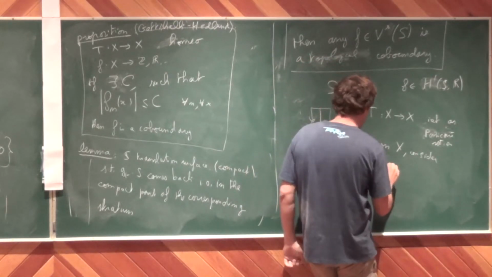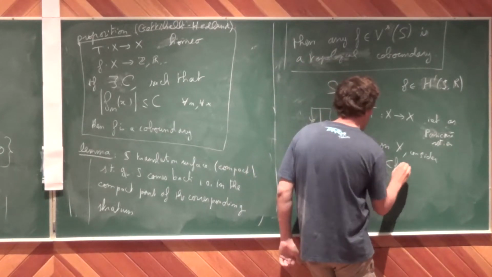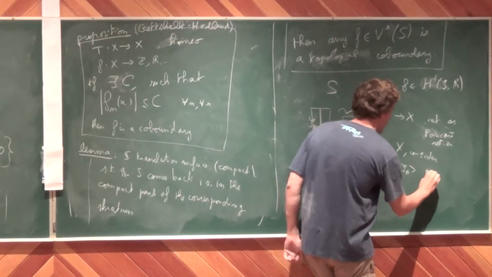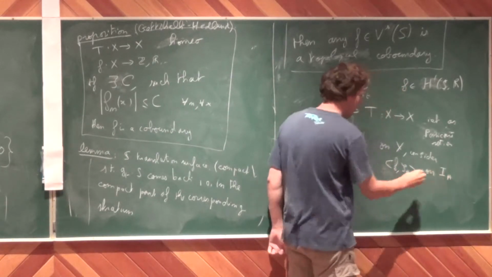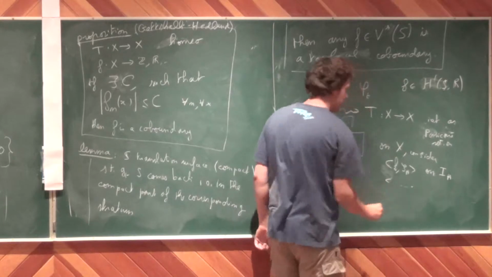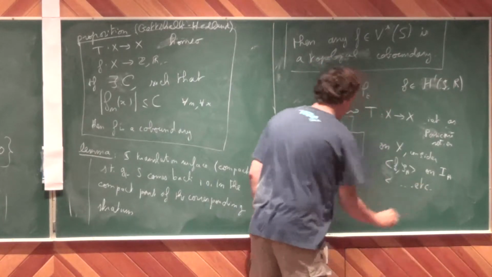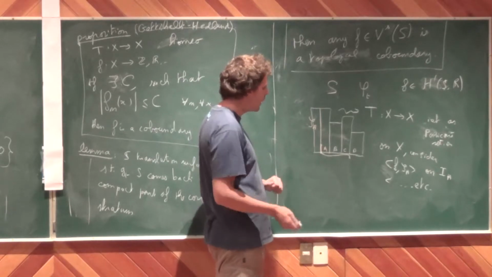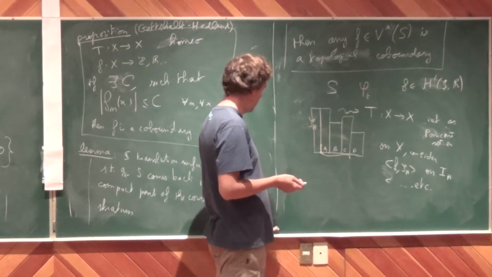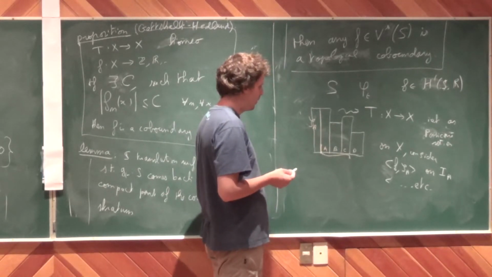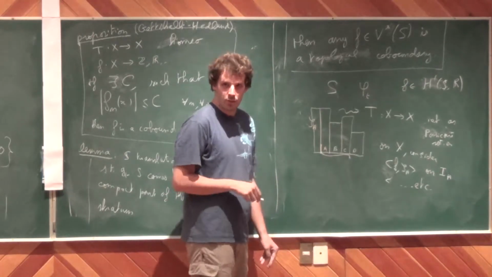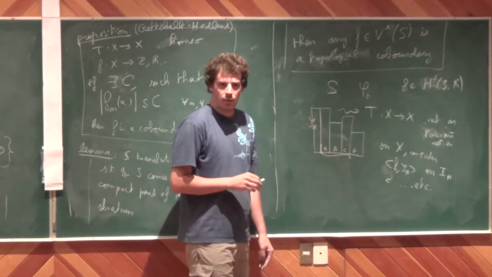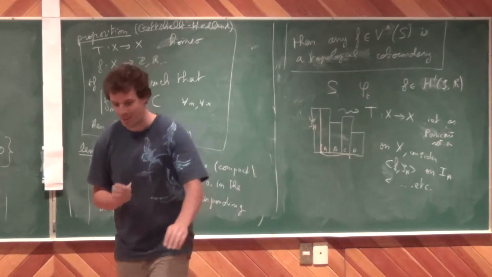So on X, consider F zeta A on the interval that corresponds to A and etc. Yes, cohomology classes are a special kind of functions. Well, they produce functions, yes. Is it more clear? Cool.